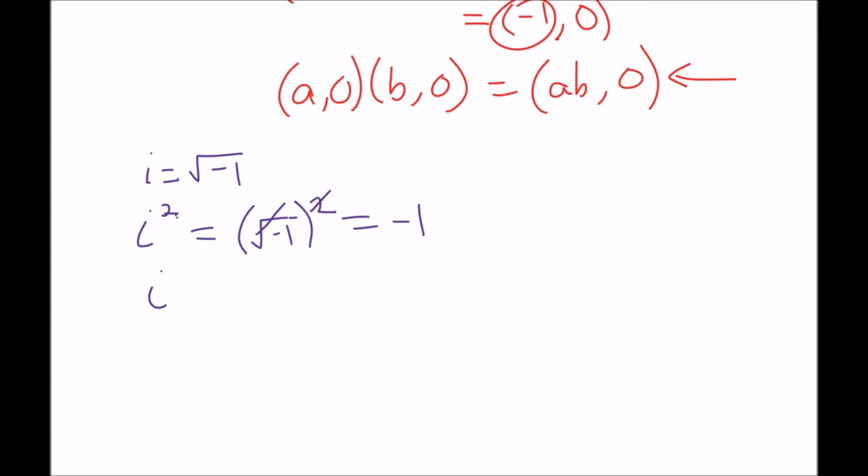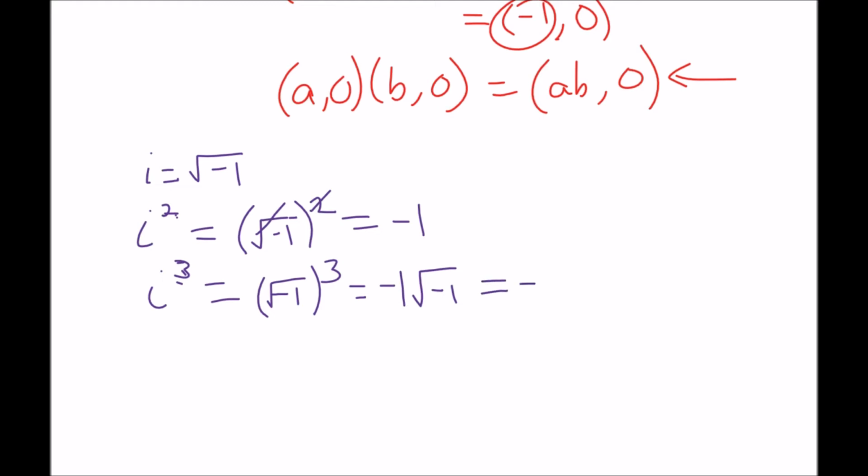How about i cubed? What is i cubed? We can do the same thing again: i cubed equals the square root of -1 quantity cubed, which we know is going to be negative times the square root of -1. This you could say is -1 times the square root of -1.